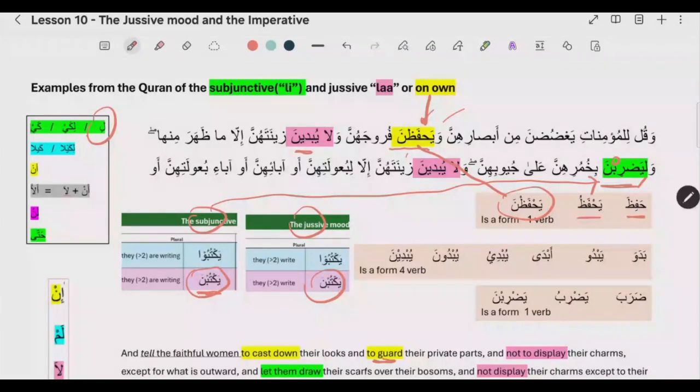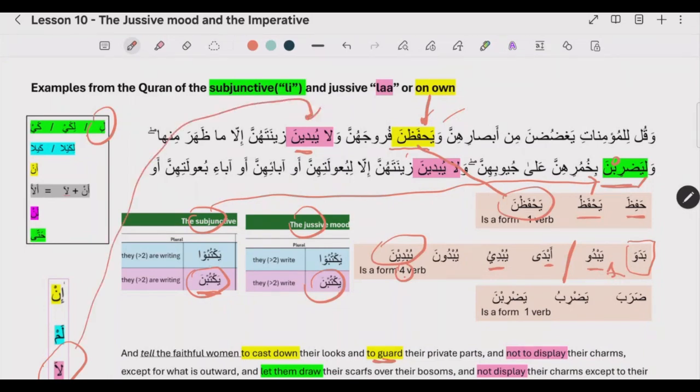Yubdina, if you look in the dictionary, the root you'll find is badawa, and yabdu is the present tense of form one. Then you have abda, which is now a fourth form with the alif in front. Yubdi is the present tense, and from yubdi you get yubduna or yubdina, depending on how you want to use it. So here it's yubdina, showing the form four verb in the jussive, because la is a jussive particle.